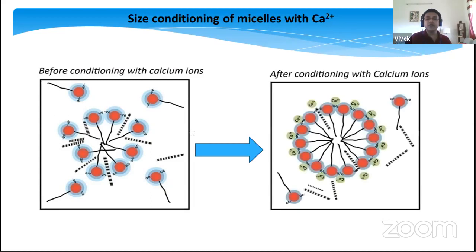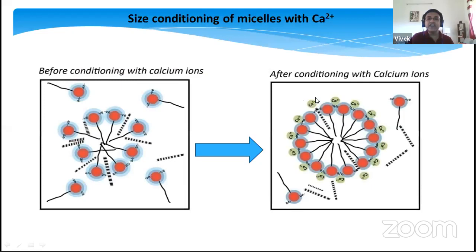a very innovative approach. In this case, we add calcium ions. Like I said before, these calcium ions can attach themselves to the binding sites present in the amino acid chain. Thereby it can size-condition the micelles, but the size conditioning requires one more step, which I will explain in the next slide.